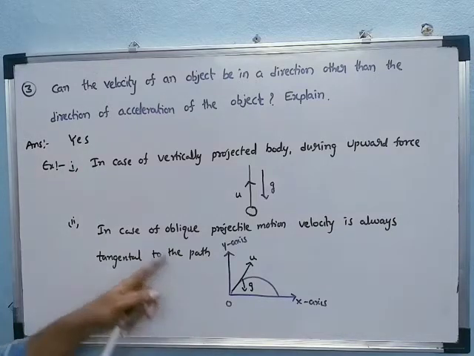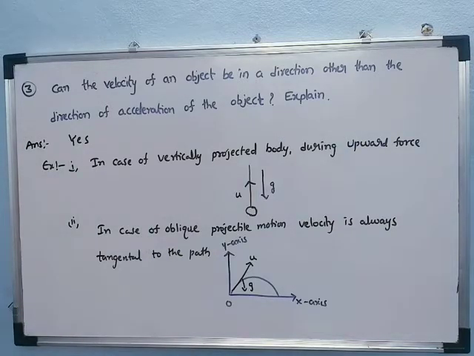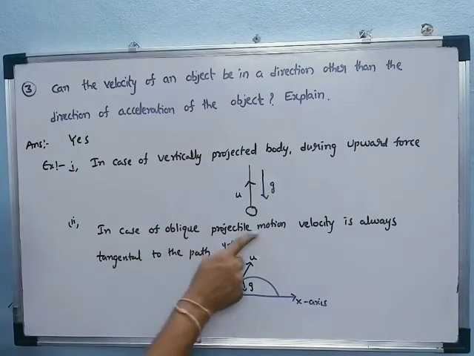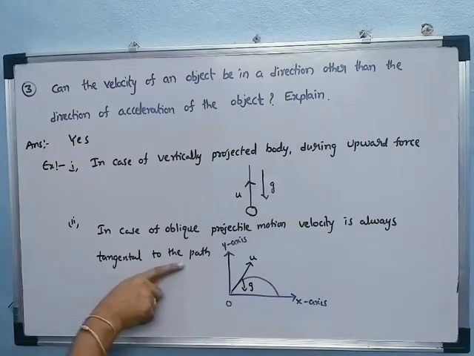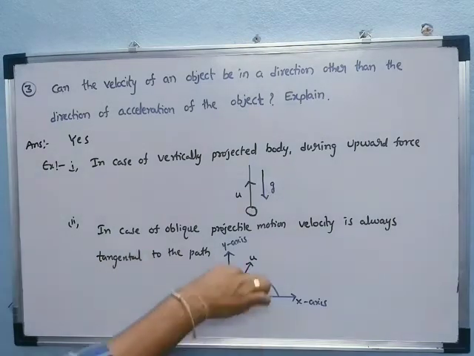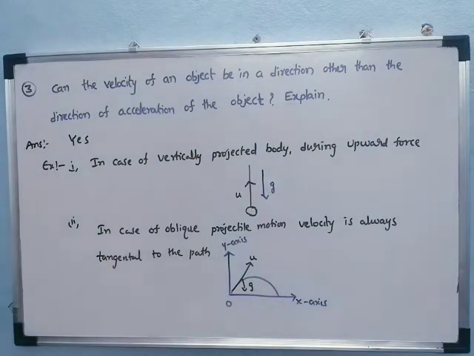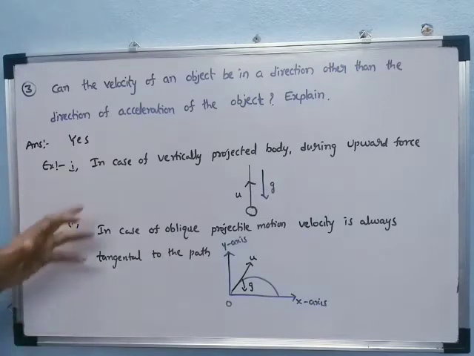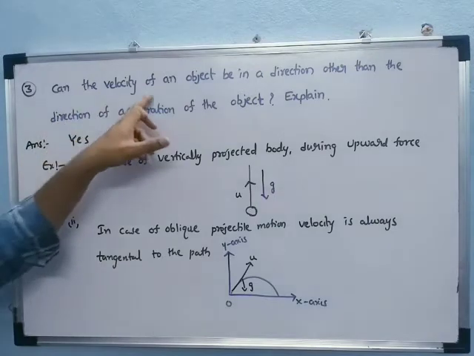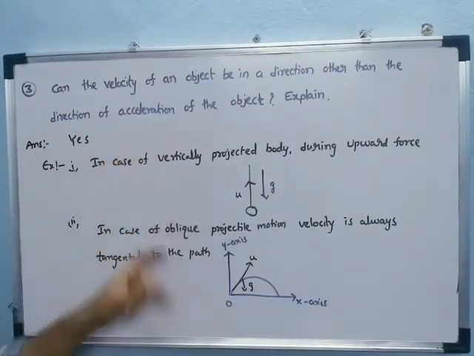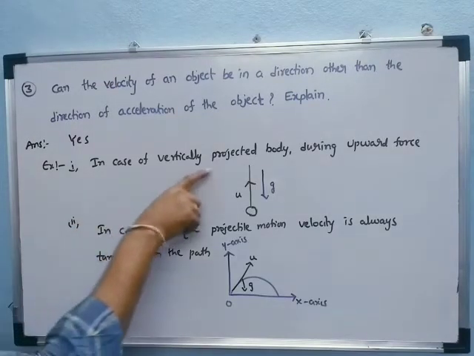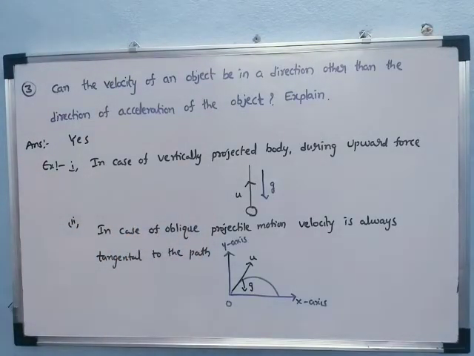See, this is another example: in oblique projectile motion, the velocity is always tangential to the path, but acceleration due to gravity is acting in a downward direction. That's why we have said the velocity of the object can be in a direction other than the direction of the acceleration. One is the vertically projected body, another is the oblique projectile motion.